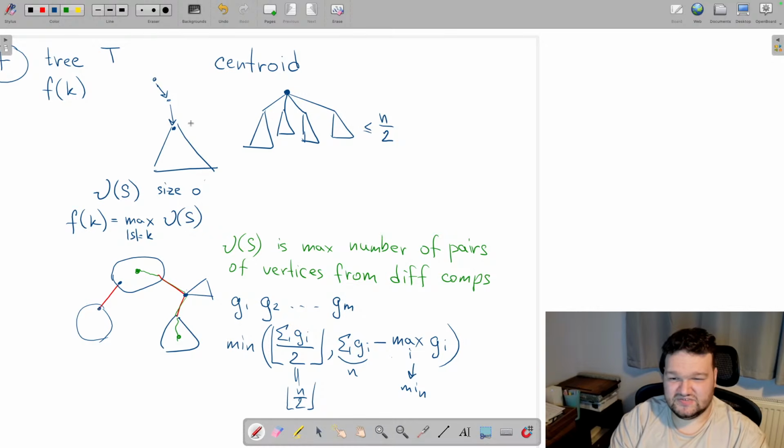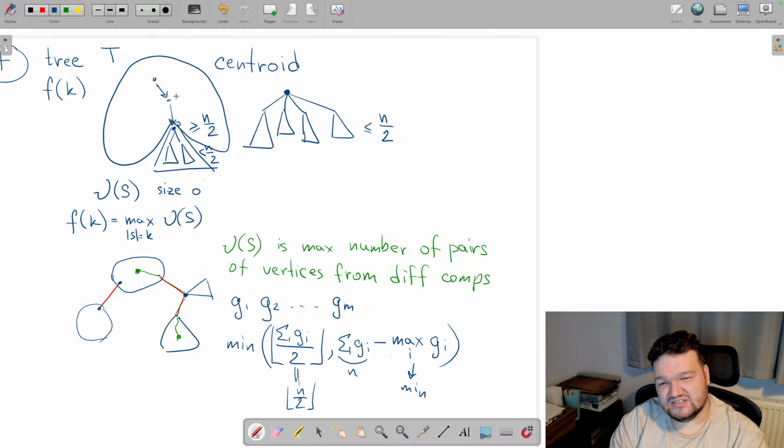The size of this thing is at least n over 2, but all of the further sons are strictly smaller than n over 2. That would mean that everything that is left up will be at most n minus n over 2, which is n over 2 again.